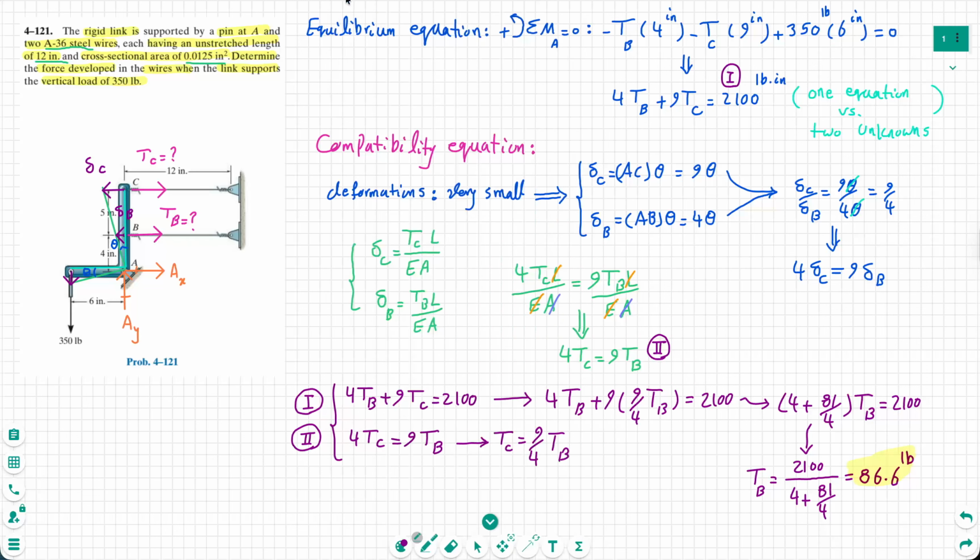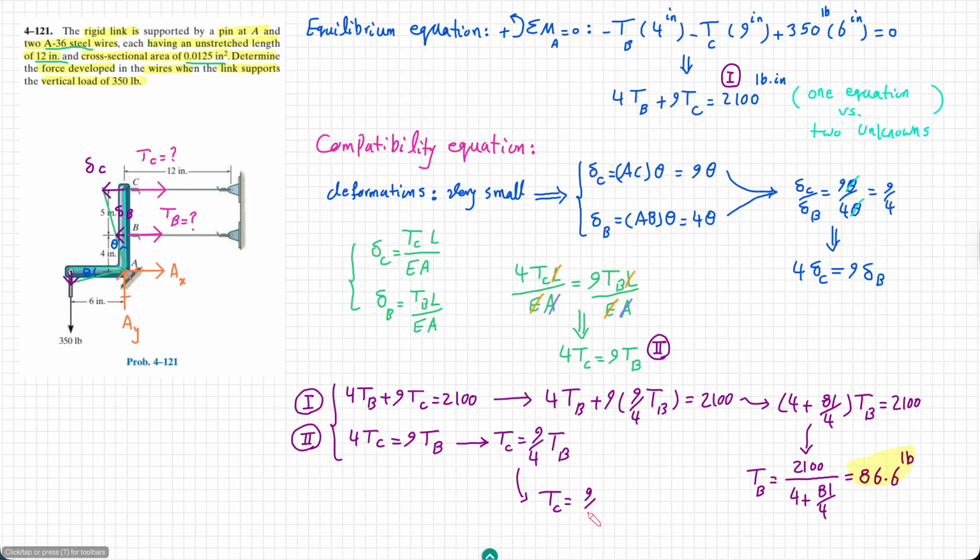Now we have to use this equation to find TC. To find TC, I just write 9 over 4 times TB, that is 86.6.